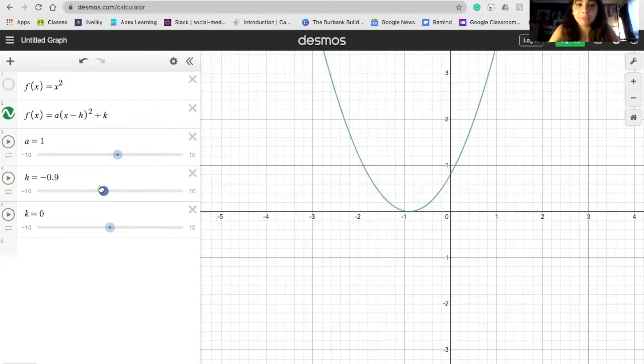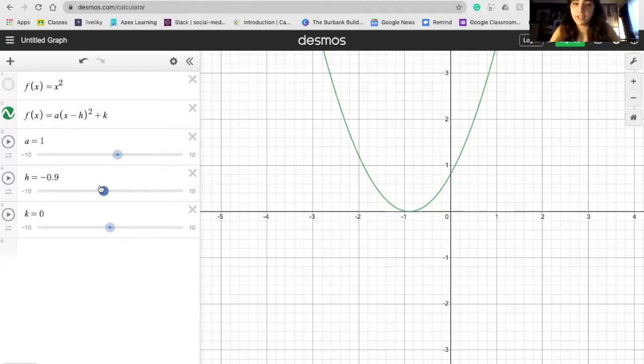Since h is negative or opposite in the equation, that makes it so that if you have a positive h in real life, it's going to show the opposite in the equation. So if you have x plus 2 in the equation, you'll have x equal to negative 2, since the sign is flipped.